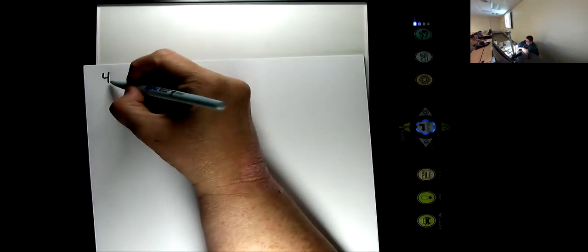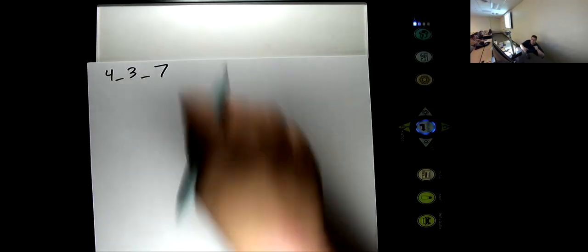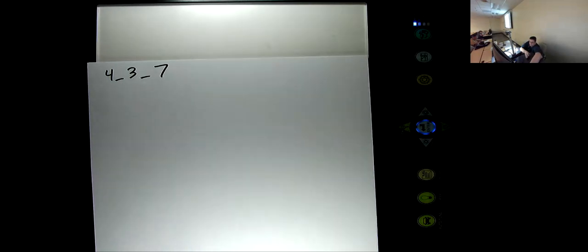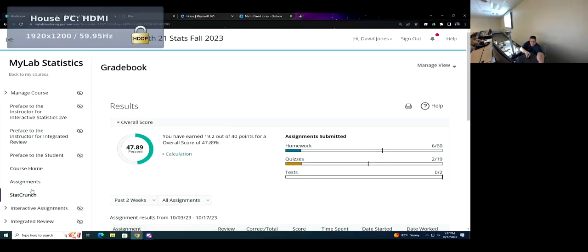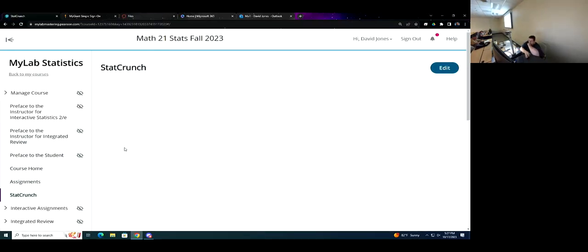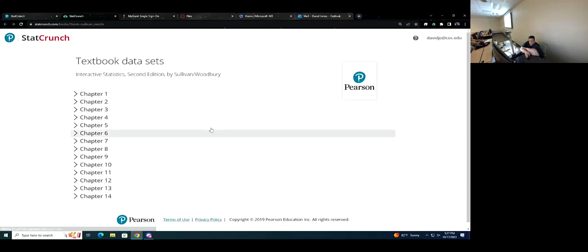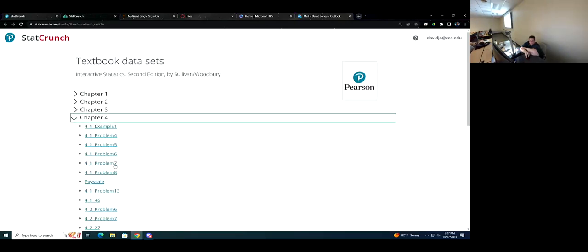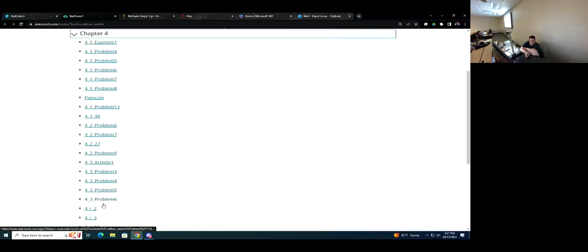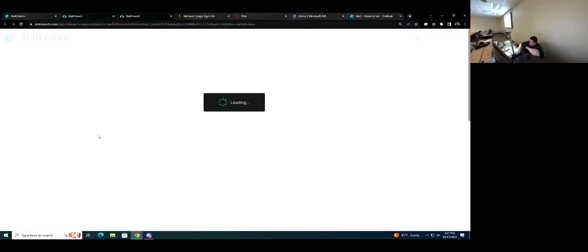So we did the data set for the bears before. This was 4_3_7. You've seen them. We're going to come over and look at them. Let's say 4_3, maybe it's 4_2.